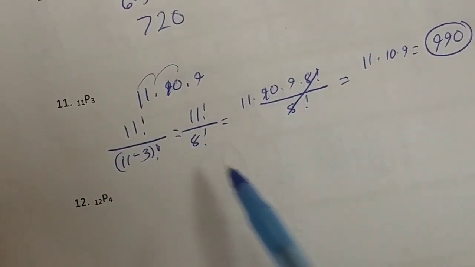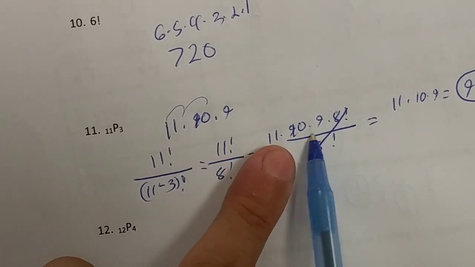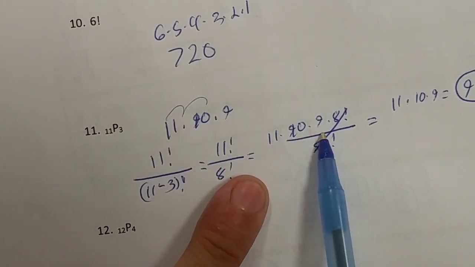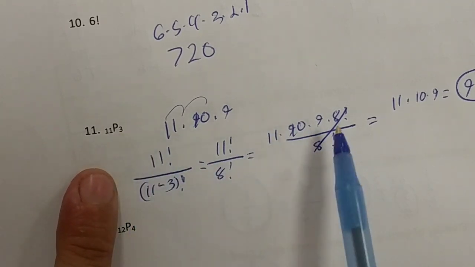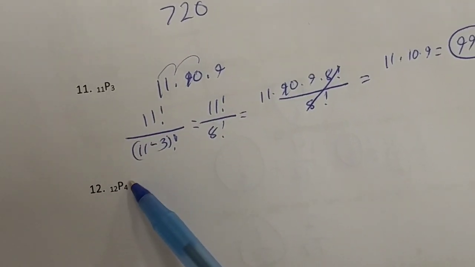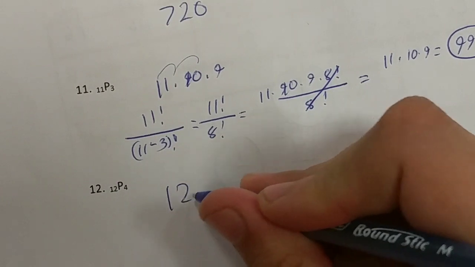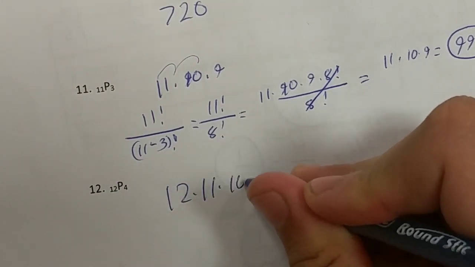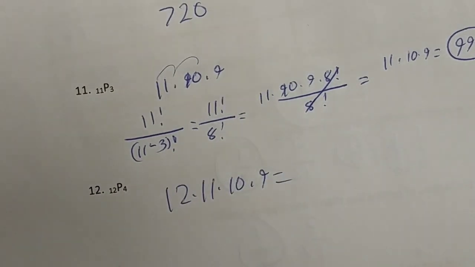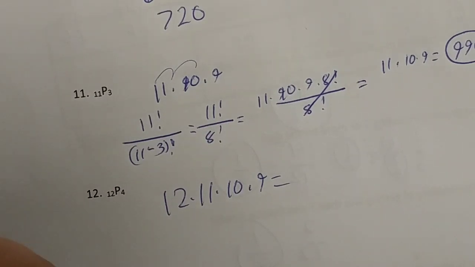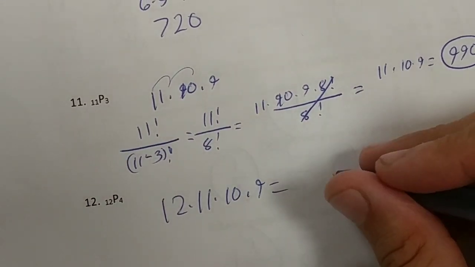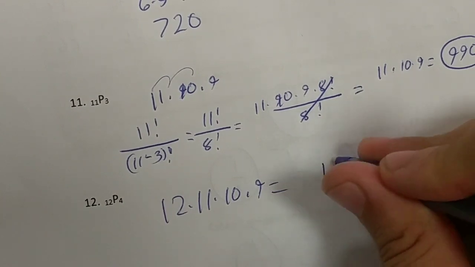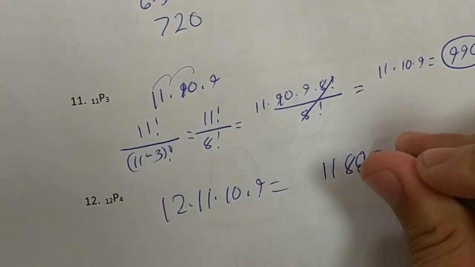Also, a quicker way to do it is, you see how it's always 3 down? So 11, 10, 9, it went 3 down and then it stopped. Since that 3 is there, you know you go 3 down. If you see a 4 here, I could do 12 times 11 times 10 times 9. And I know that's going to be one of my answers, which is going to be 11880.